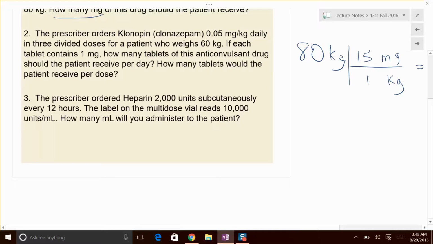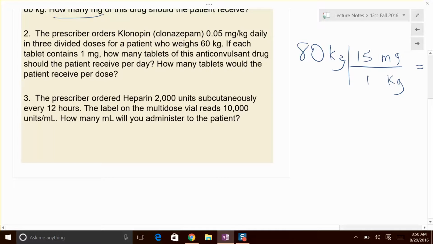The prescriber orders clonazepam, 0.05 milligrams per kilogram daily in 3 divided doses for a patient who weighs 60 kilograms. If each tablet contains 1 milligram, how many tablets of this anticonvulsant drug should the patient receive per day?